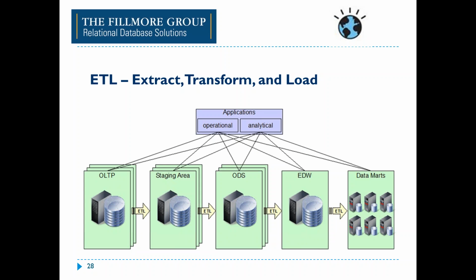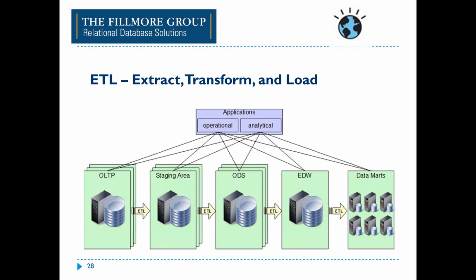But this shows what happens with extract, transform, and load. And this, again, is a decades-old methodology for getting data from the online transaction processing system that we see over the left to staging areas, operational data stores, enterprise data warehouses, data marts, etc. So I am making lots of copies of the data.